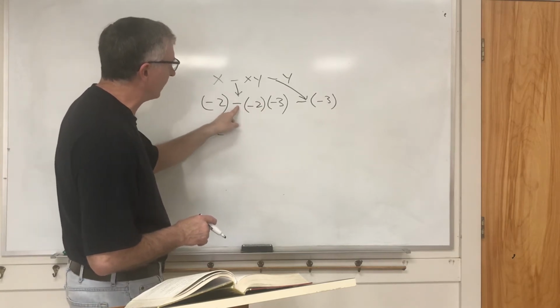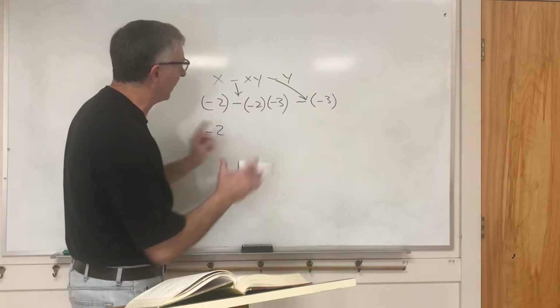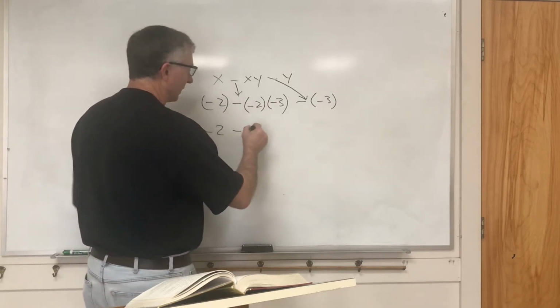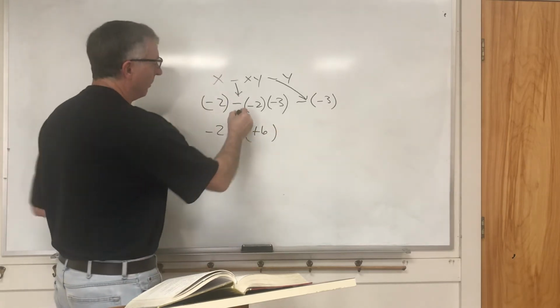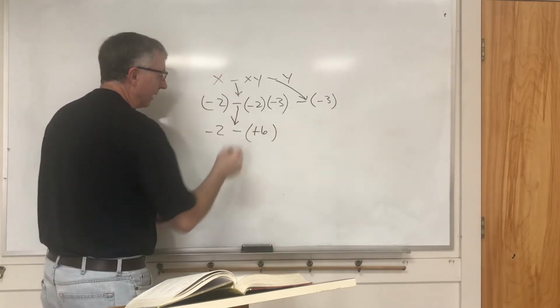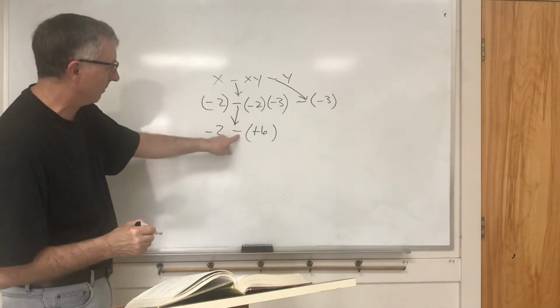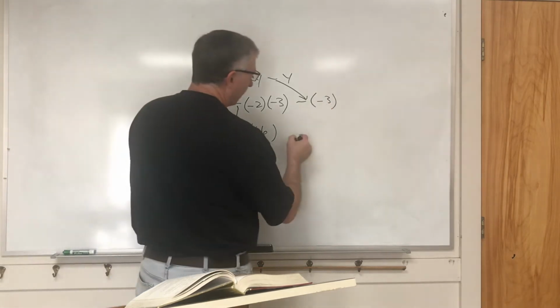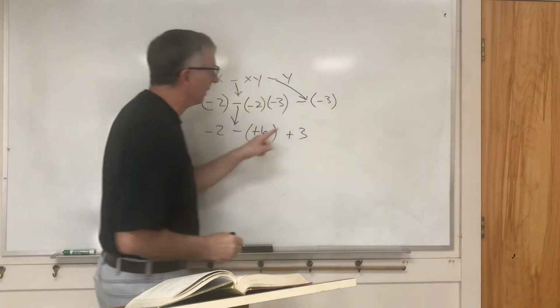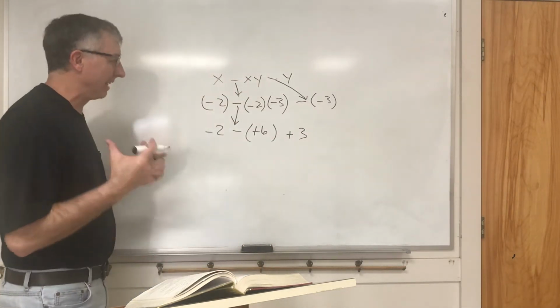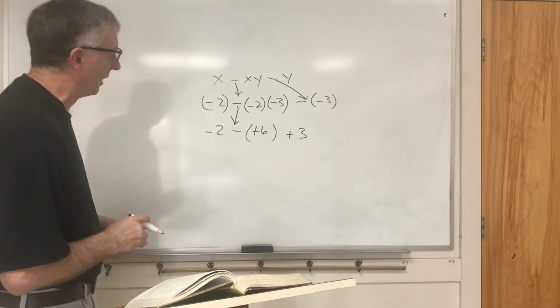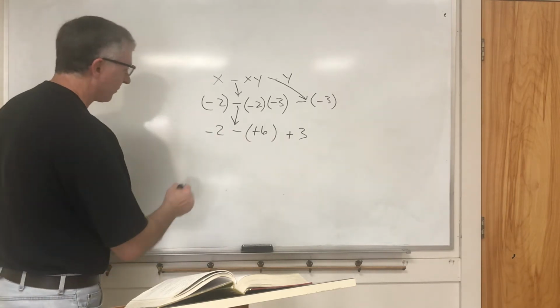But how many negative signs do I have? Well, let's take it step by step. And so I have a positive 6 there, but remember I have to bring this guy down so I don't lose that, okay? And then the 3 over here is positive because I have 1, 2 negative signs in front of it. That is an even number of negative signs, and so the 3 is positive.